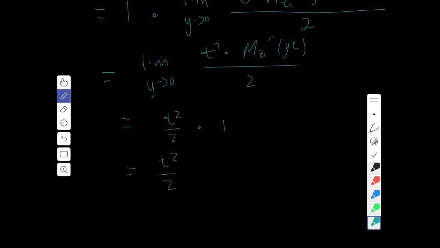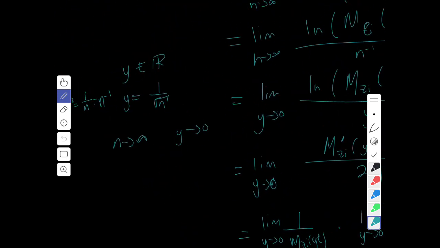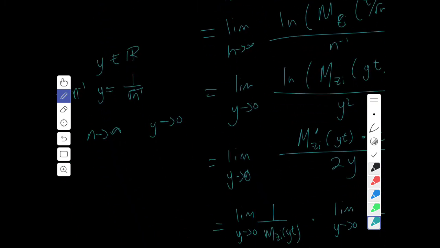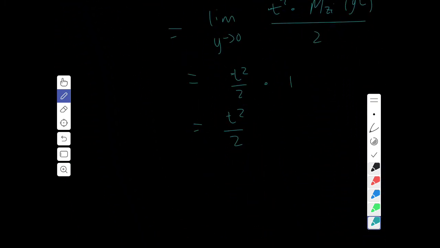Where this whole thing came from was that we were taking the log of our moment generating function of Tn over root n. That's where this t squared comes from.